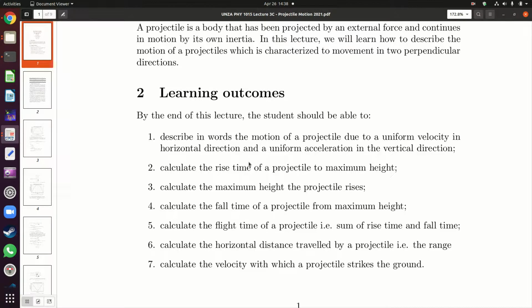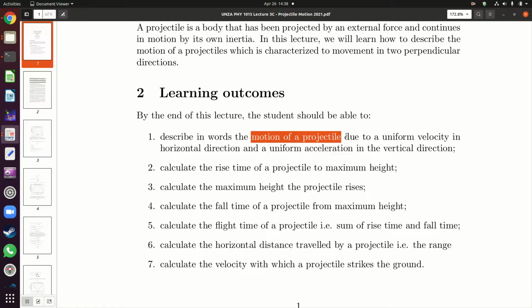Any object which executes projectile motion moves in two different directions at the same time. There is movement in the horizontal direction, parallel to the ground. There is also movement in the vertical direction, at 90 degrees to the ground.